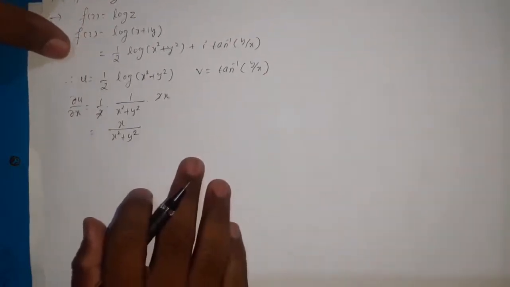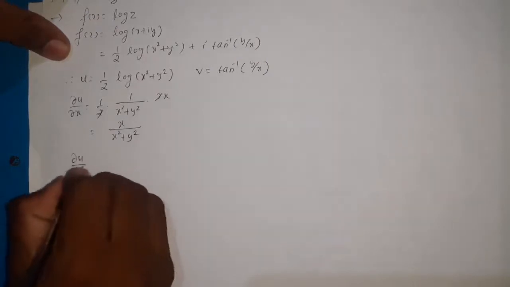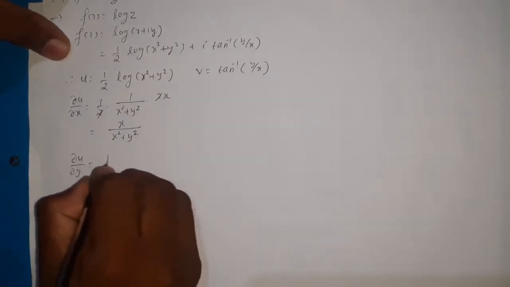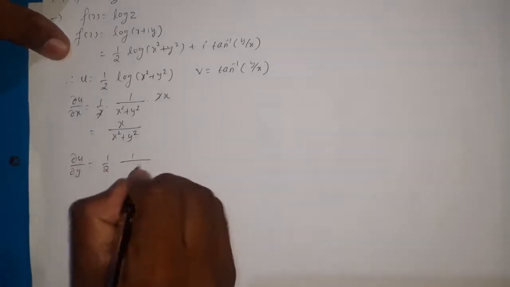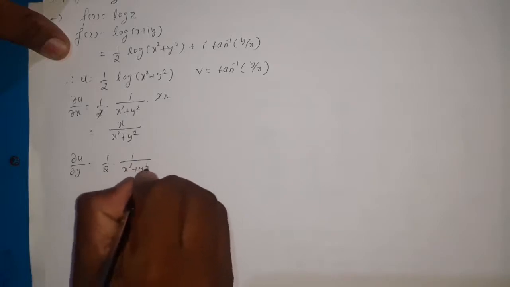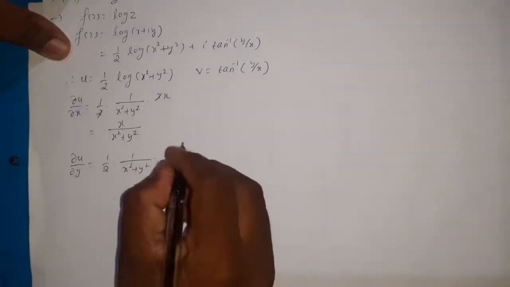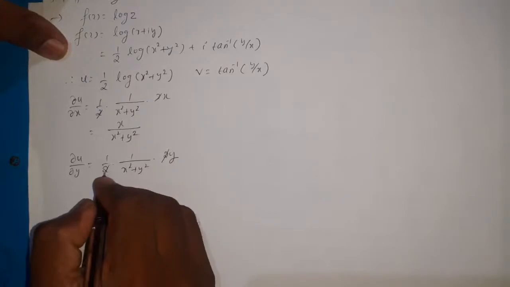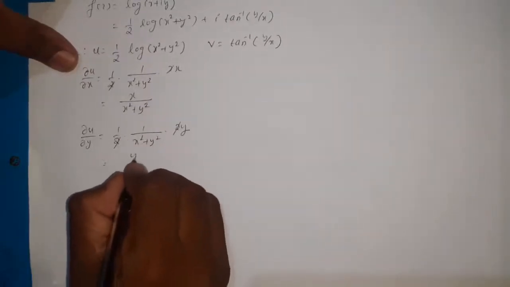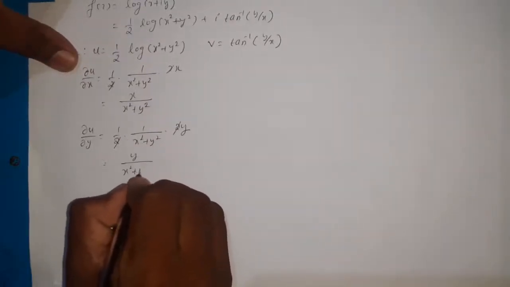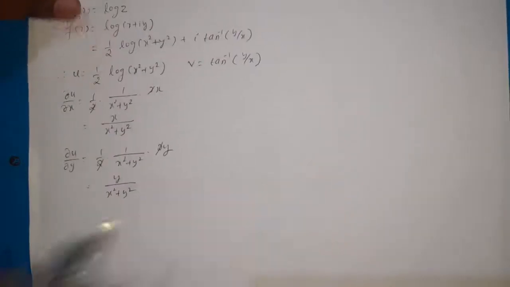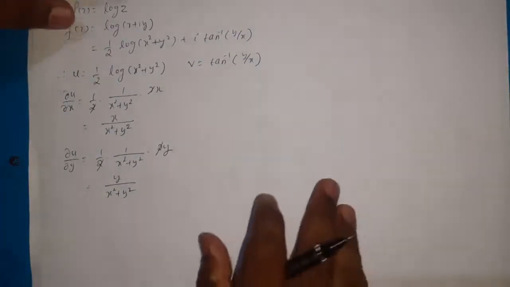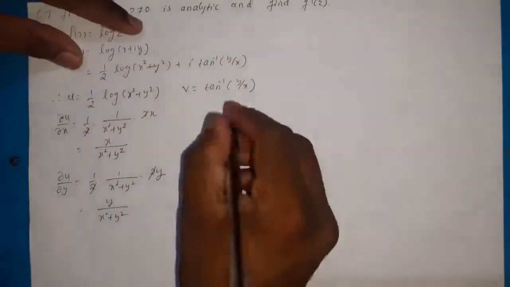That is ∂u/∂x. Then ∂u/∂y, again it is 1/2, 1 divided by (x² + y²) into 2y. So the 2 gets cancelled, it is y divided by (x² + y²). Then ∂v/∂x and ∂v/∂y.